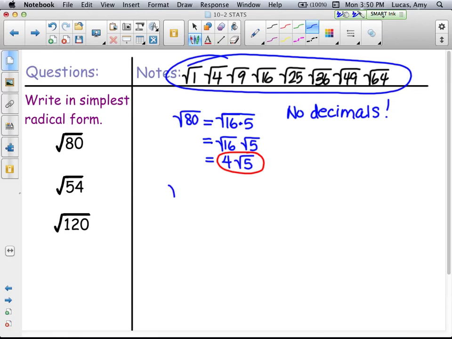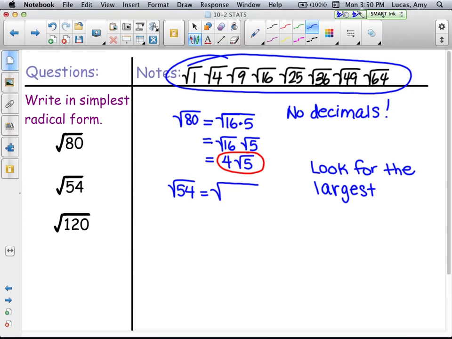Let's try the next one, the square root of 54. So if you look at my list of perfect squares across the top, what you're looking for is the largest. Look for the largest perfect square factor.